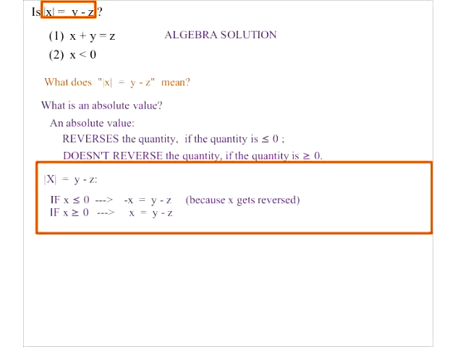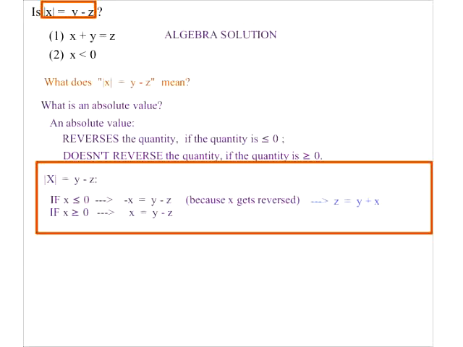So we can rearrange these things so they look a little bit more like statement 1. If you move things around so that everything is positive, then this statement here becomes z equals y plus x.